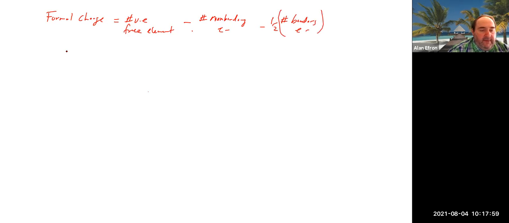So for example, if we look at something like SO4 2-, and we draw our Lewis structure again, 6 + 4 × 6 + 2 gives us 32. And if you just follow our normal way of drawing Lewis structures, you will end up with a single bonded structure all the way around.